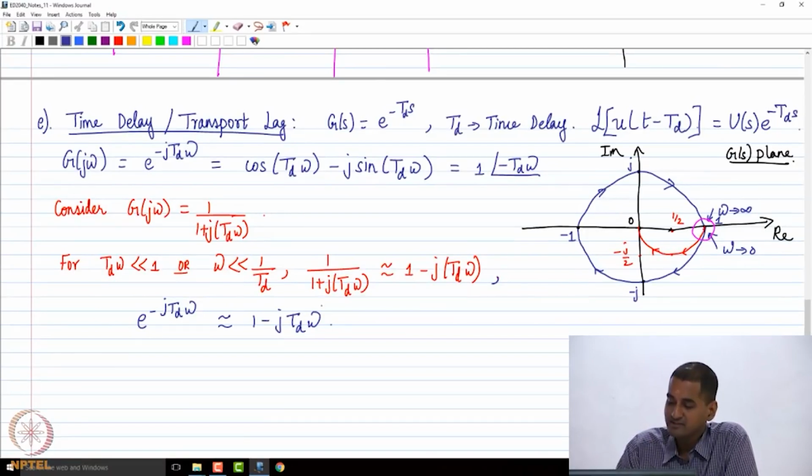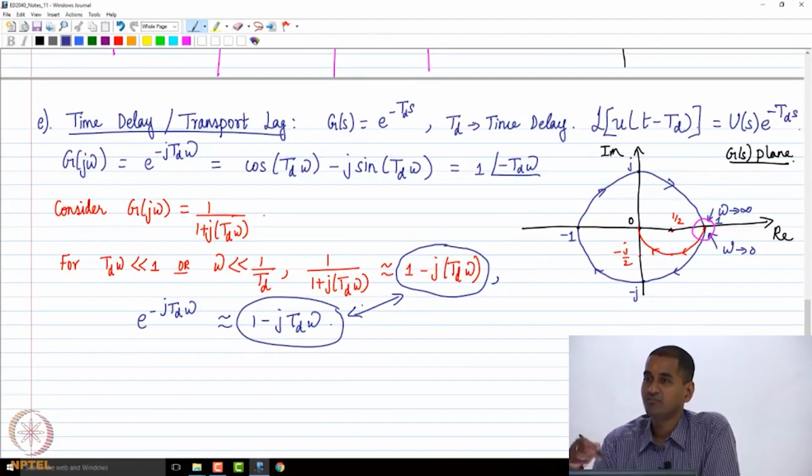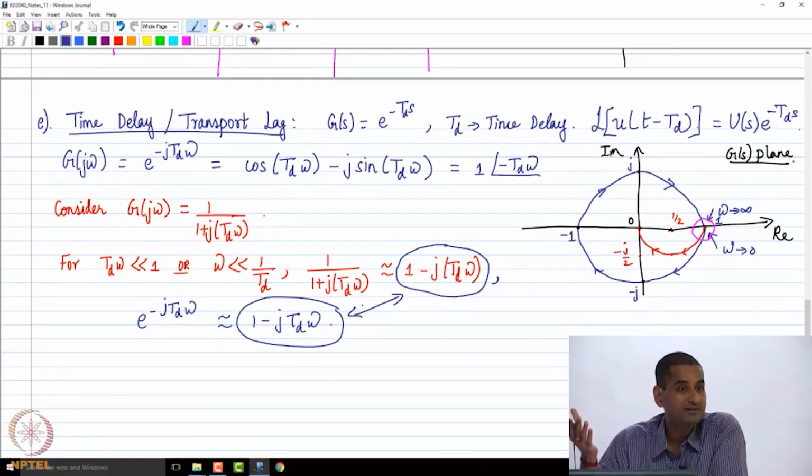So you can immediately see that at low frequencies the functions become the same. And why did I highlight this point here? I told you that the function e power minus tds is in fact an infinite order factor, if you recall our discussion then.